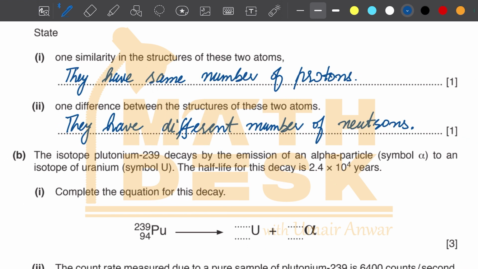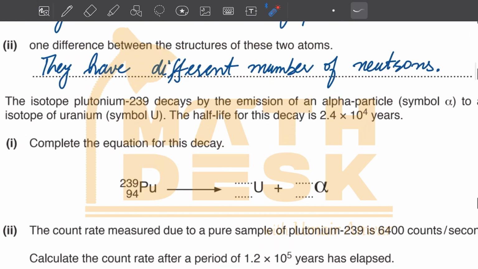The isotope plutonium-239 decays by the emission of an alpha particle, whose symbol is alpha, to an isotope of uranium, symbol U. The half-life for this decay is 2.4 times 10 raised to 4 years. Complete the equation for this decay.